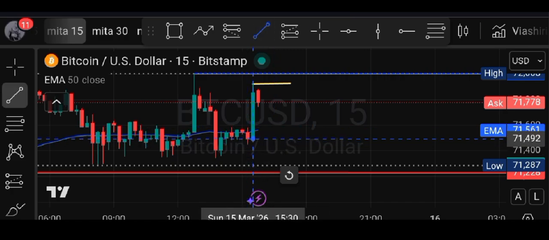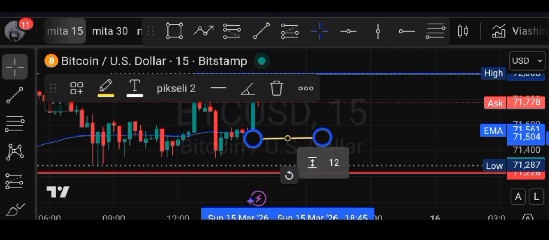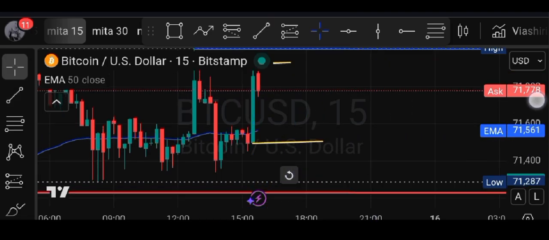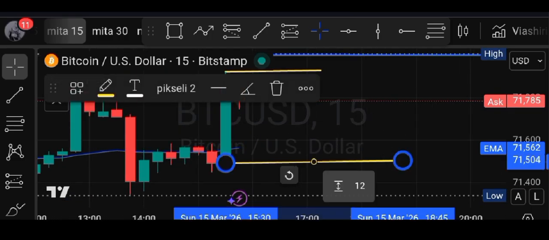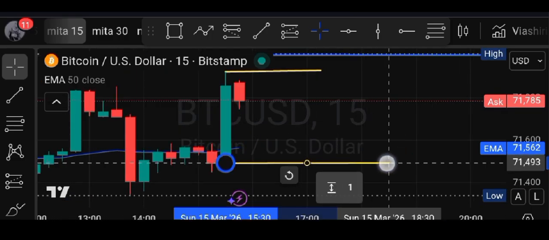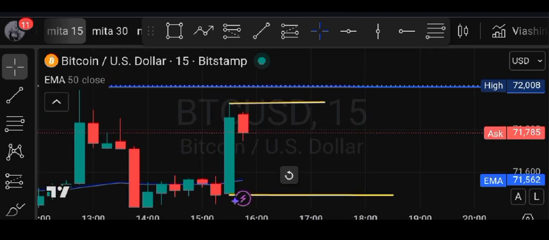A red candle, if it breaks the yellow line at the bottom, and the price goes up a little and continues to go down, then that's where we will sell. And if it goes in the opposite direction, that is, it breaks the upper yellow line, then that's where we will buy.